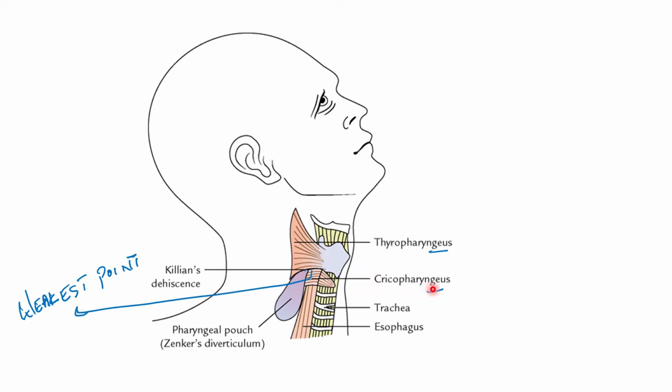So the area above the dehiscence has the maximum muscular support compared to the area beneath this, which is supported only by the cricopharyngeus muscle. Hence, this point acts as the weakest point of the pharynx, which is named Killian's dehiscence.